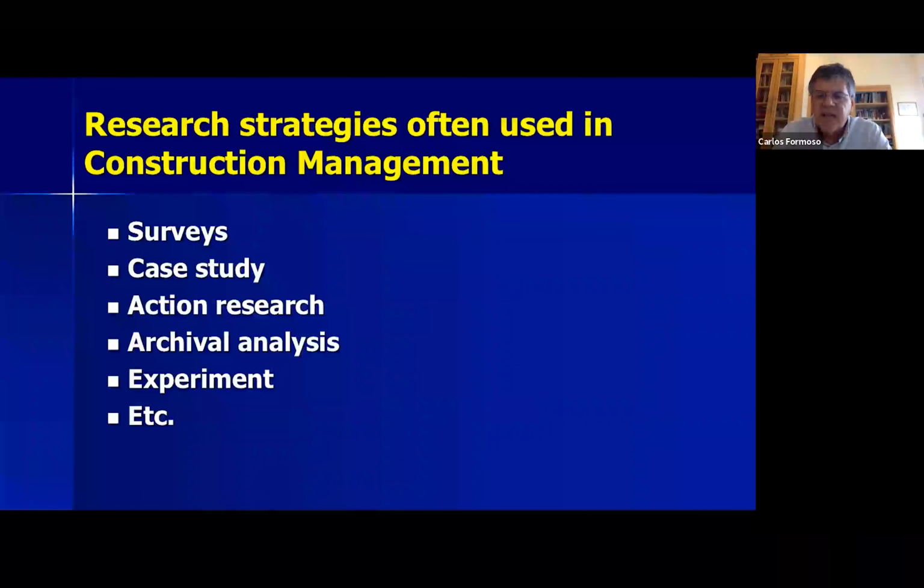So which kind of research strategies are being used in construction management? As I mentioned, many researchers position themselves as social scientists. So you see many studies that are based on surveys, case study, action research, which are research strategies that are typical of social sciences.